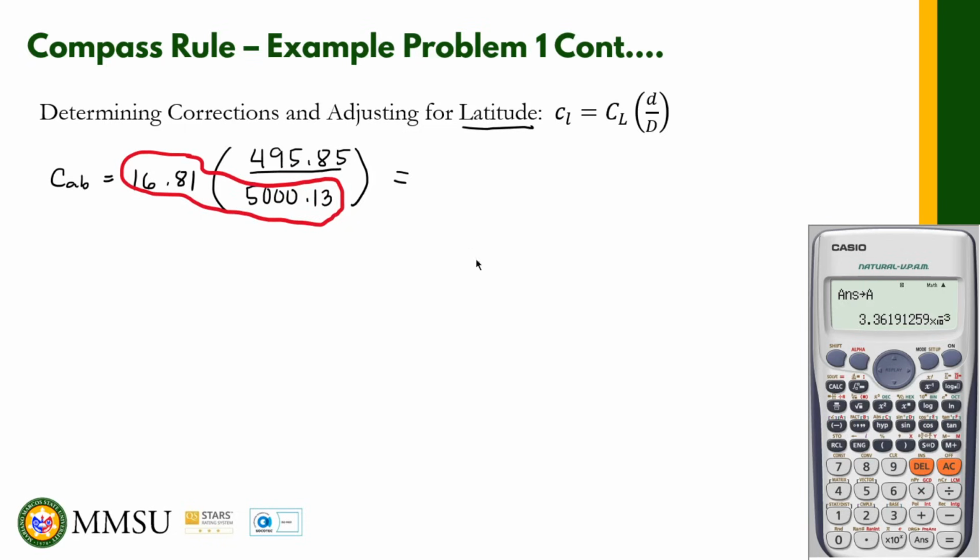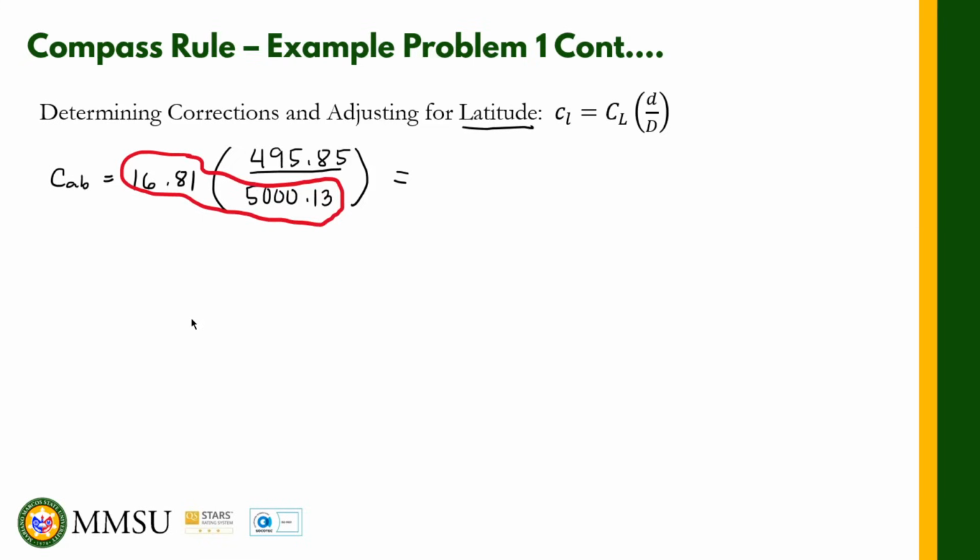So, i-multiply ko na lang siya ng 495.85. Para i-recall yung A, alpha A times 495.85 equals 1.67. So, this is equal to 1.67 meters.